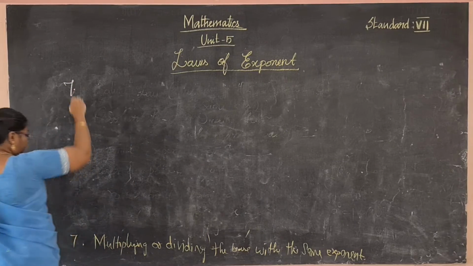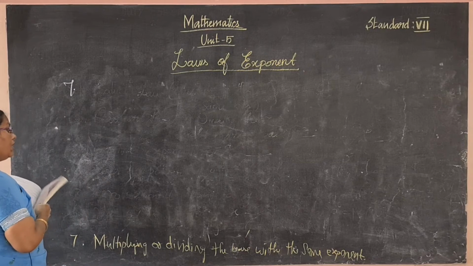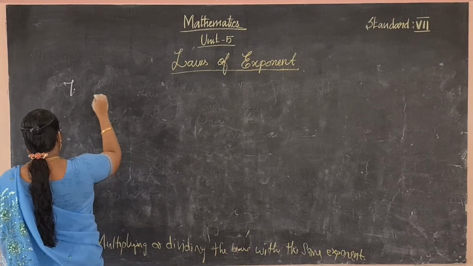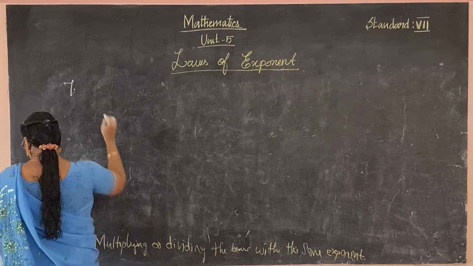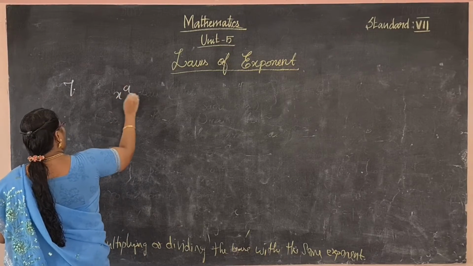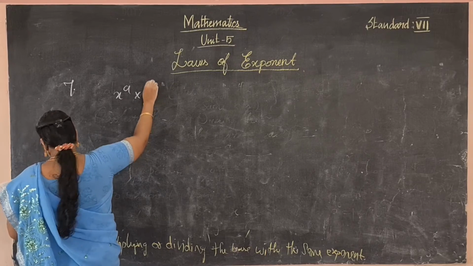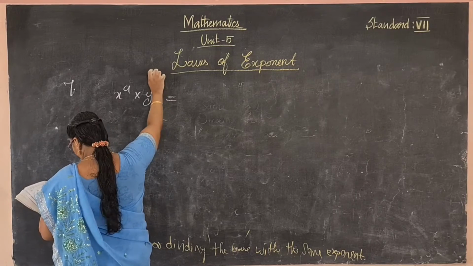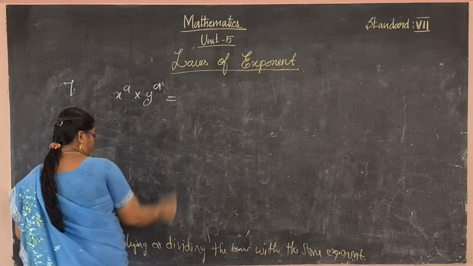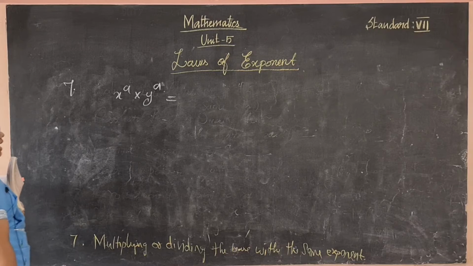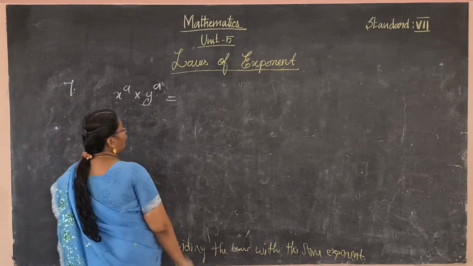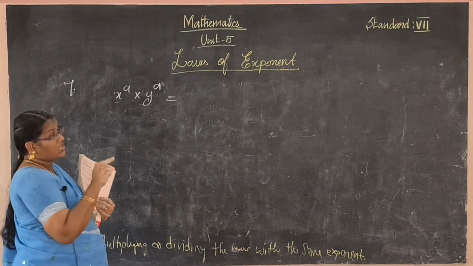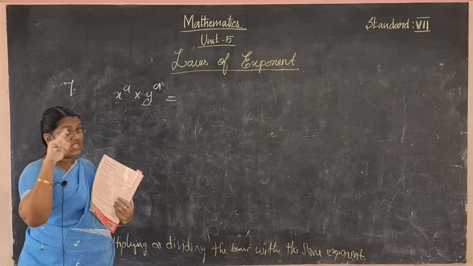Seventh one of the laws, multiplying or dividing the base with the same exponent. So first one, the formula for this one: x power a into y power b is equal to the same power, with the same exponents. So the bases are different. In a product rule the bases are same and the powers are different.